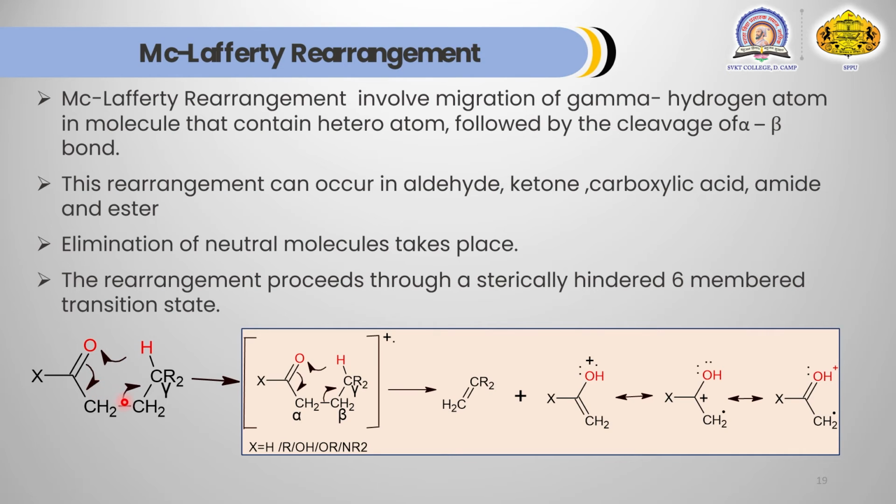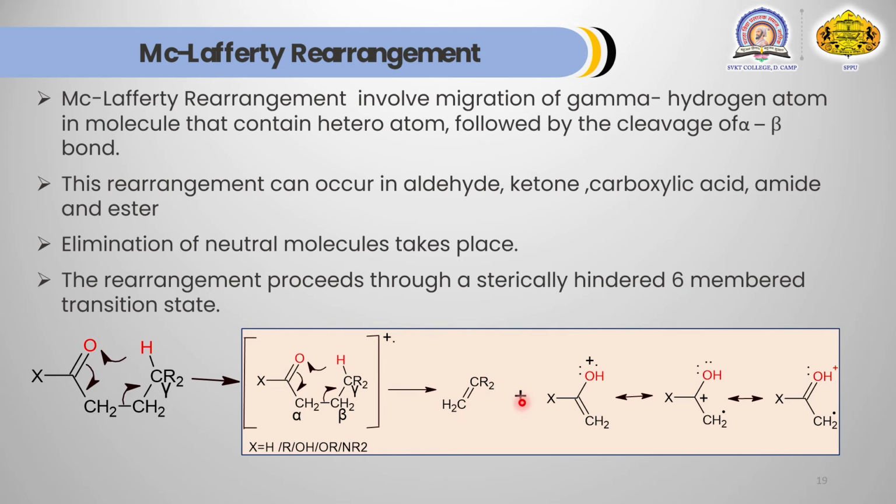Now, after all this bond making and bond breaking, we get these 2 fragments as the product. This is an alkene and this is another fragment. On this oxygen, there is a positive charge as well as a dot. You can term it a cation radical. When we introduce this type of molecule in the mass spectrometer, a cation radical is formed, and when the cation radical breaks down, several fragments form.